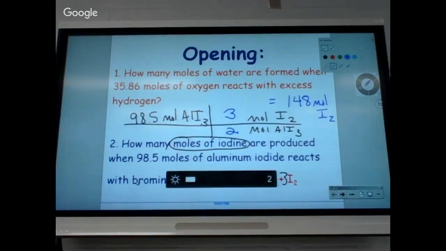Now, the only question I have is how many moles of iron 3 hydroxide? Okay, and it wants question mark. Okay, and you went to iron 3 chloride. You're right there, Devontae.